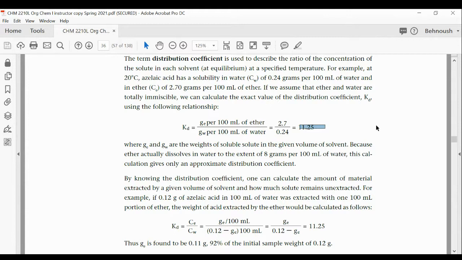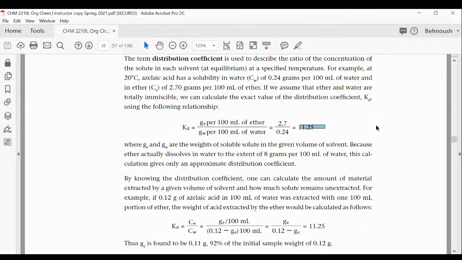So that's a good sign, right? That is a very good sign, because your compound is going to stay in the ether layer. It's more soluble in ether than water. So you're not going to lose most of the compound or significant amounts of that compound to the aqueous layer.